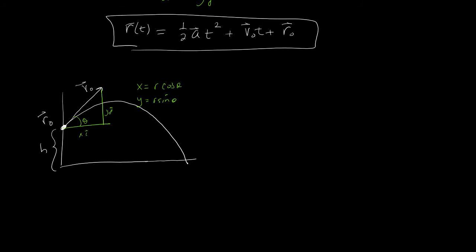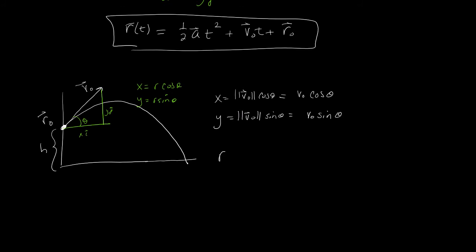Okay, so we have x here being equal to the radius, which is the magnitude of v naught, times the cosine of the angle theta. So let's call the magnitude of the vector v naught just v naught, a constant, so x is v naught cosine theta. And y, the y component here, is going to be v naught sine theta.